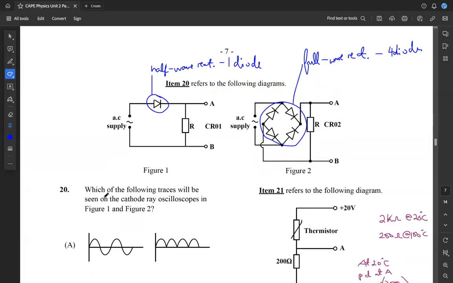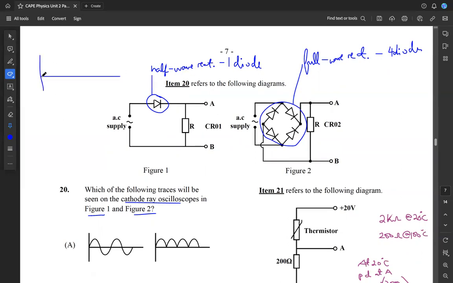The question is saying, which of the following traces will be seen on the cathode ray oscilloscope in the case of figure 1 and in the case of figure 2? All right. So what are we looking for, guys? Whenever we have full wave rectification, so say we have a cycle like this, right?